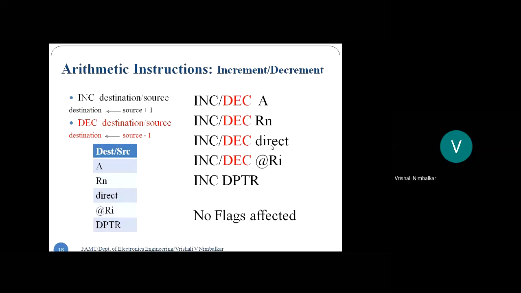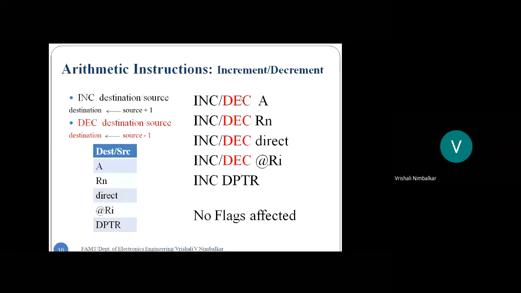INC direct means you will be mentioning some memory address. Data from that memory address will be incremented by 1 and stored back in memory at the same address. INC @Ri means @R0, @R1. And INC DPTR. DPTR is a 16-bit register.